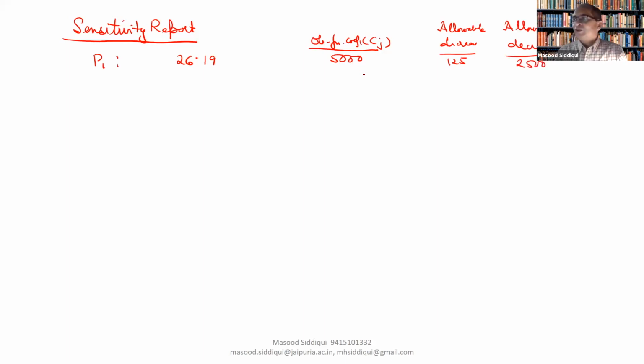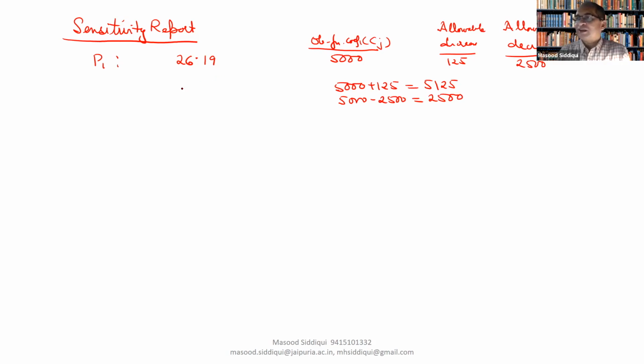Okay, so since this increase has been allowed, we would add 125 to 5000, and we are getting 5125. In the same manner, the allowable decrease has been subtracted, so we are having a value of 2500.